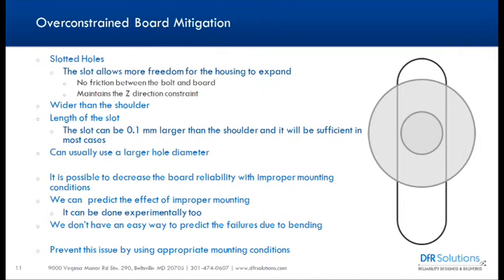You can do this experimentally. You can put a strain gauge on the board and then run it in temperature and see if it buckles or stretches. You should be able to do a board with the case and a board without the case, and they should be the same. If you're doing it right, the strain on the board should be exactly the same because it's only the thermal strain. We can also predict some of the failures due to bending.